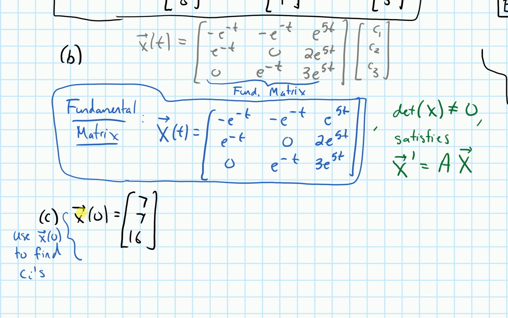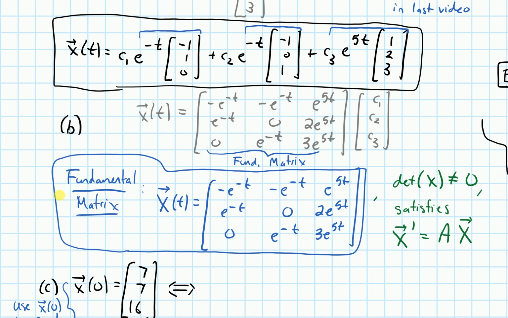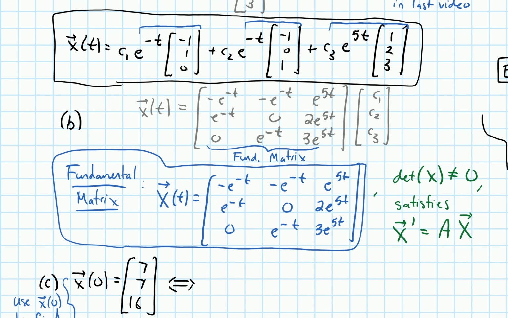Okay, so x of 0 being equal to 7, 7, 16 is true if and only if, when we plug 0 into the left-hand side of our general solution, we have C1 times the vector negative 1, 1, 0, because the e to the 0 becomes 1, so that goes away.